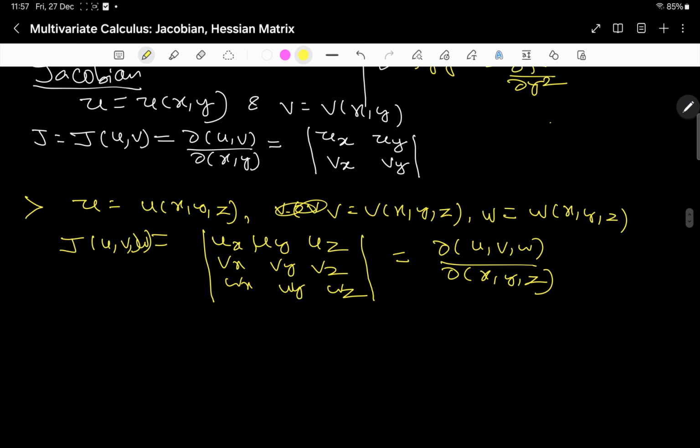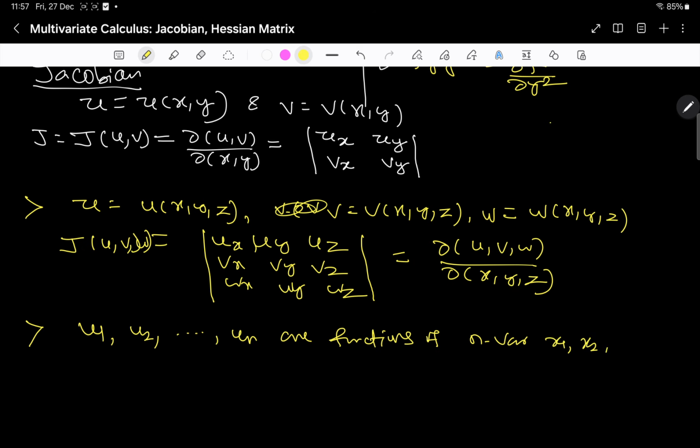In general, if we extend it to the function of n variables, right? Suppose u1, u2, up to un are functions of n variables x1, x2, so on up to xn, right? The number of variables has to be the same here, okay? Then what will be your Jacobian here? Your Jacobian of u1, u2 up to un.